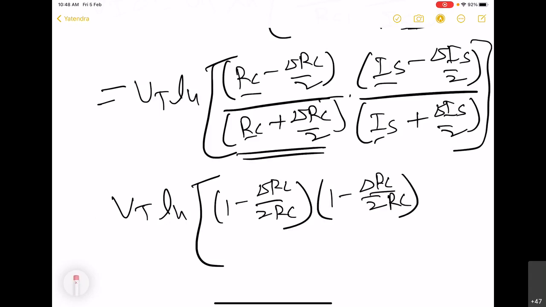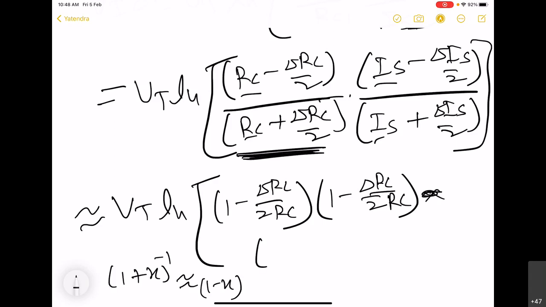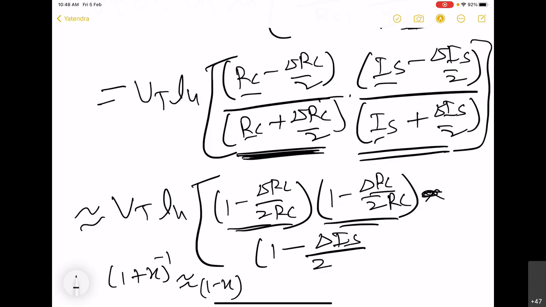So this is an approximation, because here we are using 1 plus x raised to the power minus 1 is approximately 1 minus x. So this is what we have done for the second term. Into, for IS, we have a similar scenario. So here you can see that both the terms are turning out to be the same. Similarly for this IS also we will get the same situation, delta IS by 2 IS whole square.